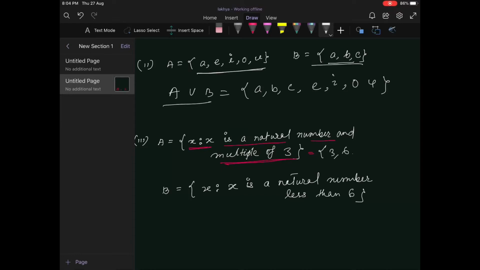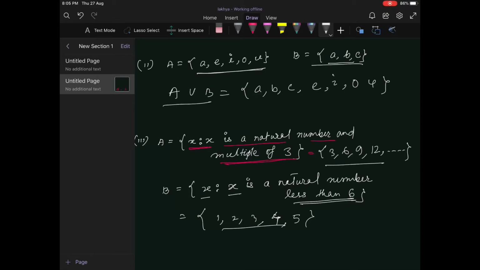That means it must be 3, 6, 9, 12, dot dot dot, and so on. Set B is X such that X is a natural number less than 6. So it must be 1, 2, 3, 4 and 5.